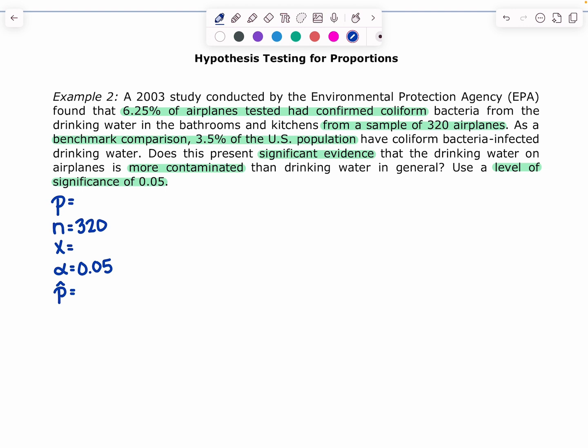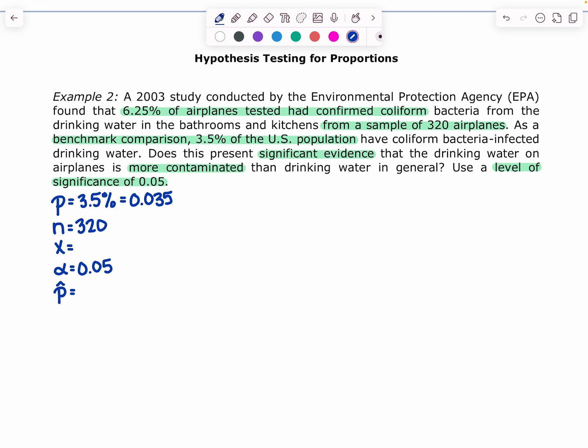Because this second one says as a benchmark comparison, 3.5% of the US population, so it's a benchmark and it's specifically referring to the population, that 3.5% is my P. And then 6.25% of the airplanes that were tested is P hat. It is not X.